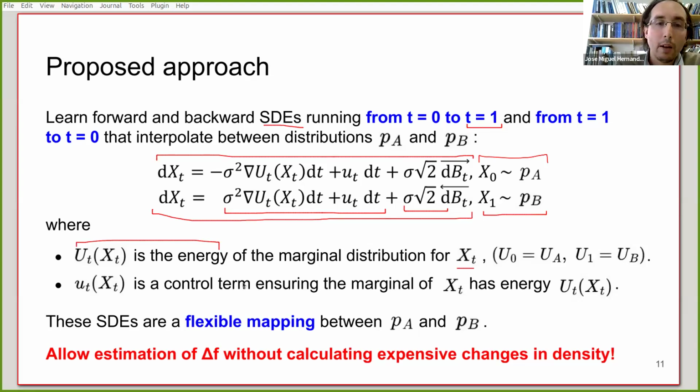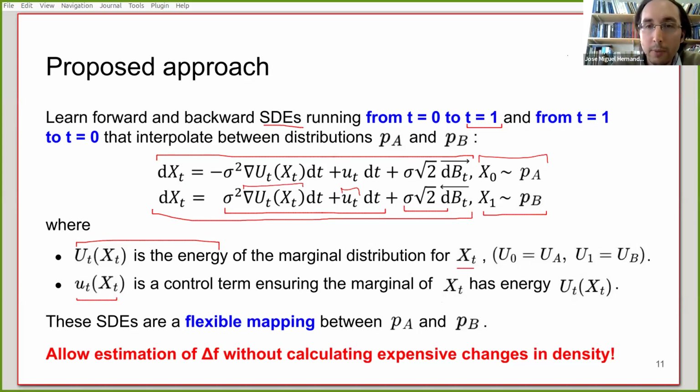Okay, and we have also a control term given by this u. So this would be the gradient of this energy that appears here, and then we have a control term here that is going to guarantee that the samples generated by the SDEs have the right energy. The marginals that are generated at the different time values by these SDEs, they have the right energies.